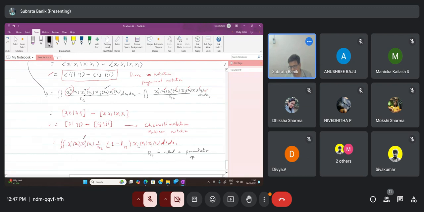What it does, it will exchange x1 into x2. So on the right side, wherever you have x1, it will make it x2. Wherever you have x2, it will make it x1. If that is the case, you see the left side is exactly the same as here. And on the right side, I have chi I x2, which is this, chi j x1, which is this. So this is another way to write the two electron integrals.